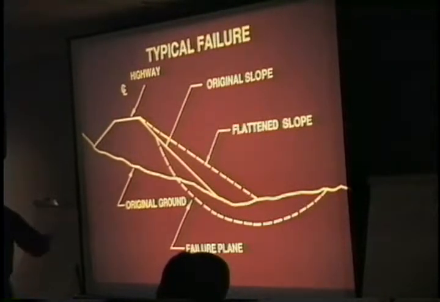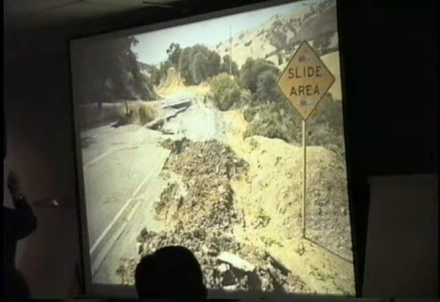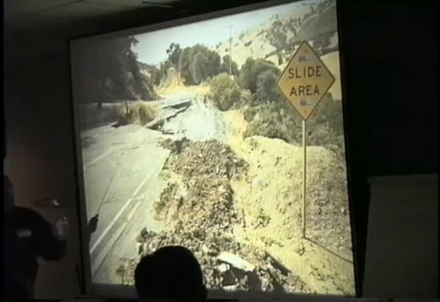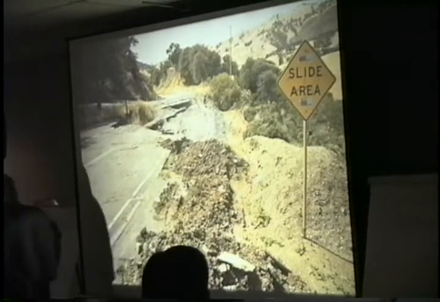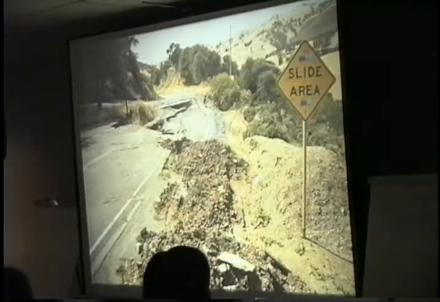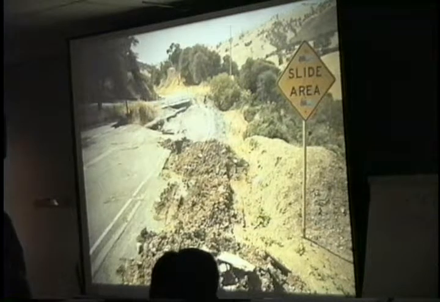We're going to talk a lot about this kind of stuff. So that slope failed, and maintenance very properly went up there and put the sign in. That's a big safety item. We have to protect the driving public so that somebody doesn't come here at night and run off the highway.